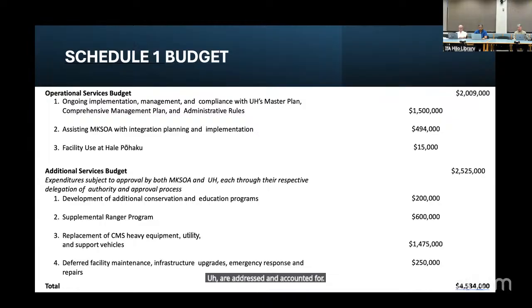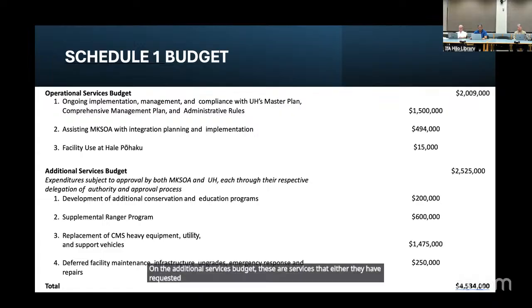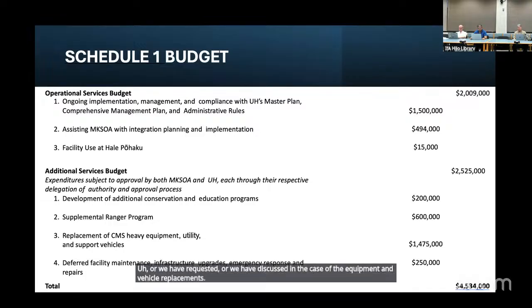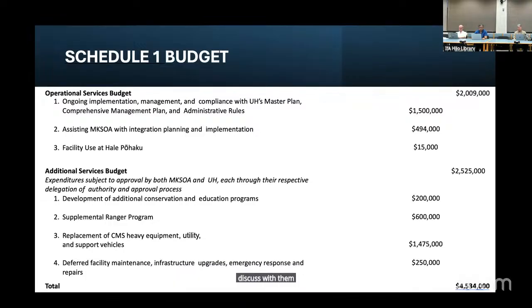On the additional services budget, these are services that either they have requested, or we have requested, or we have discussed, in the case of the equipment and vehicle replacements, as really something that they should consider investing in now.